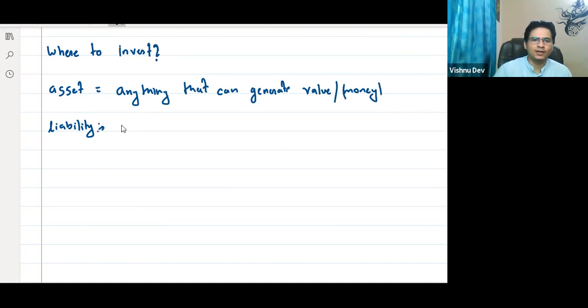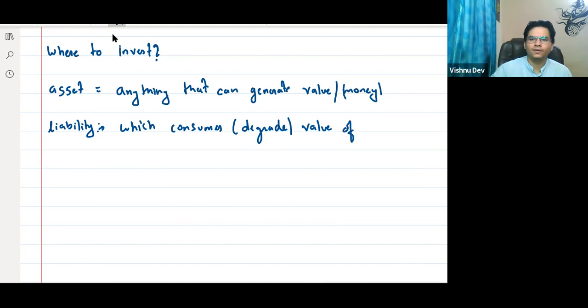Liability is anything which consumes money or degrades value, the value of the asset.